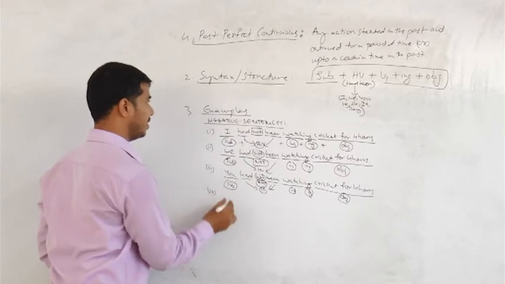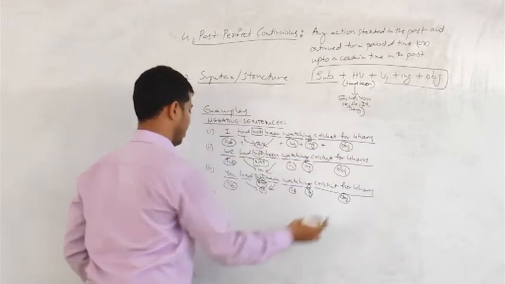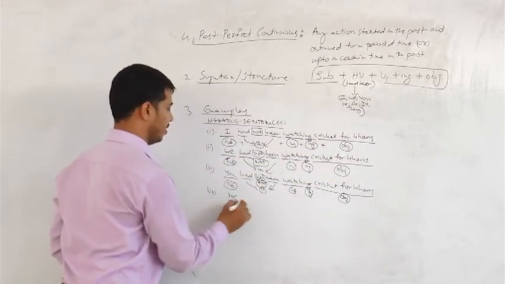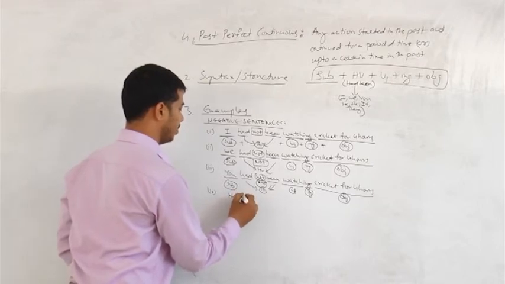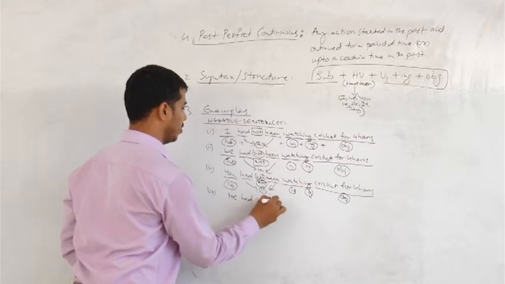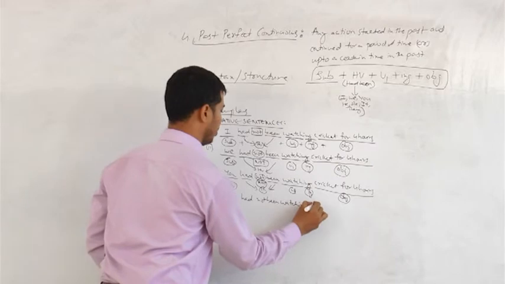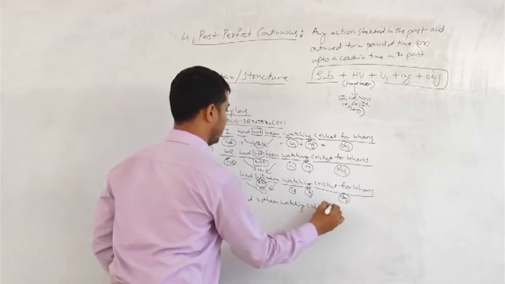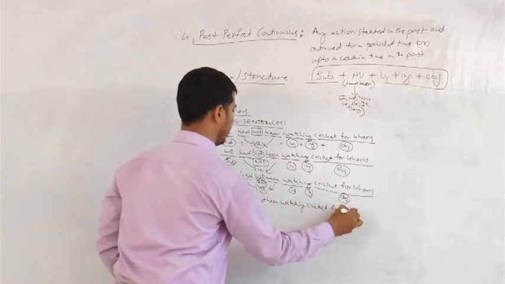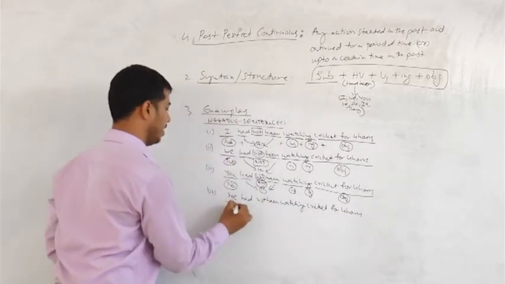Now going with the fourth example, he, masculine gender, third person, singular. He had not been watching cricket for 4 hours. What is he?